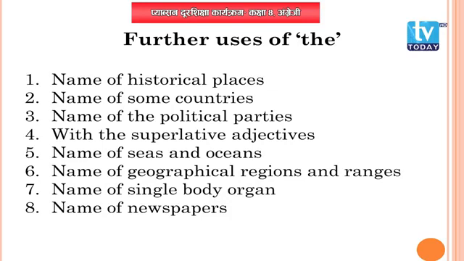The next one is about single body organs of the human. We have some of the body organs. Internally, we have single body organs. Through which organs do we breathe? Lungs. So, what do we have to write there? The lungs.